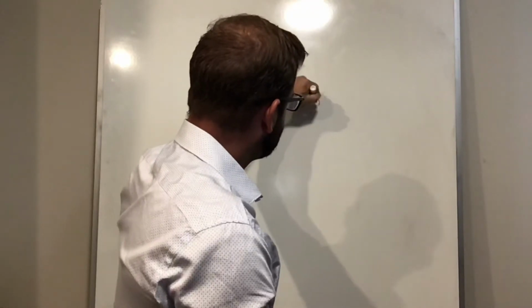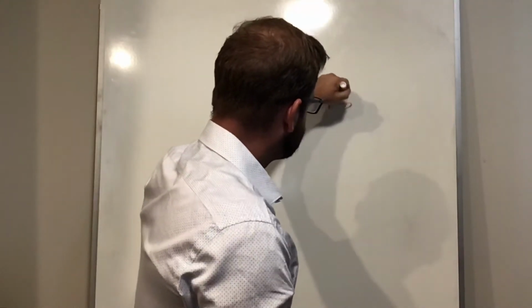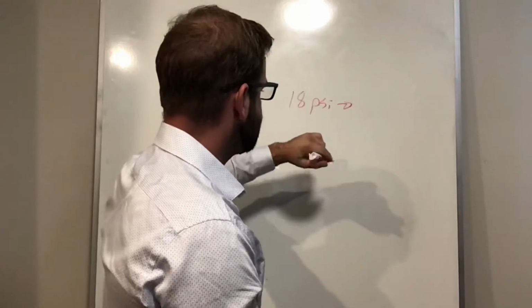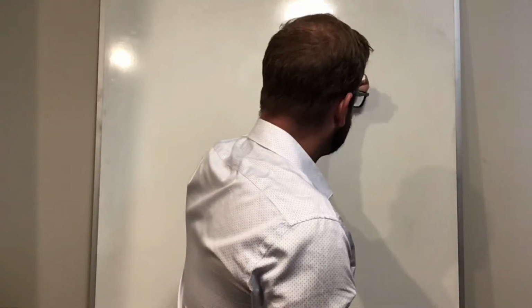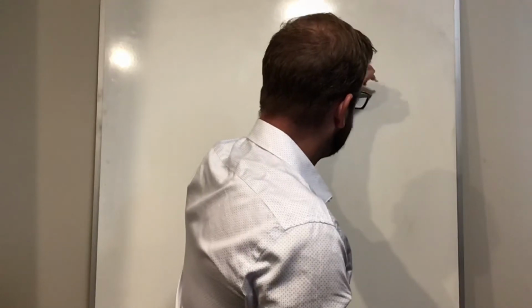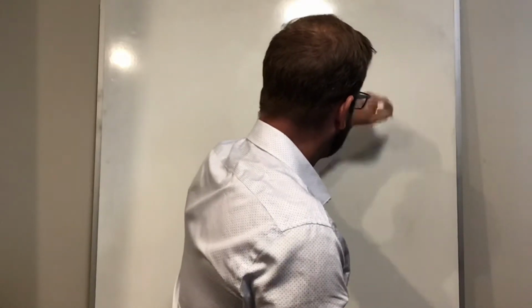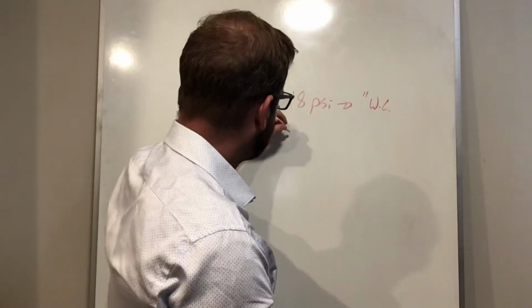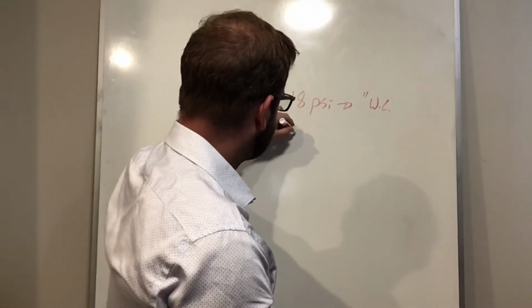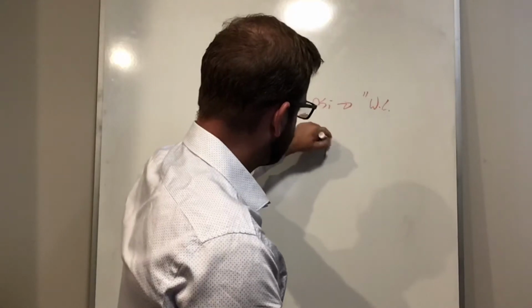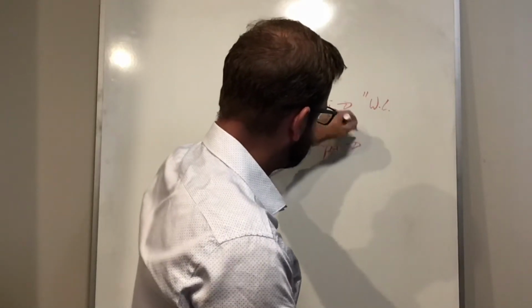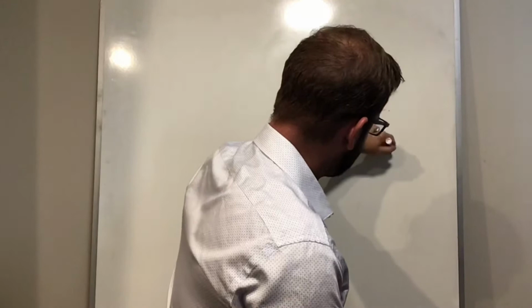So we have 18 psi, that would be in PSIG, 18 psi to inches of water column. We have 96 kPa to inches of water column.